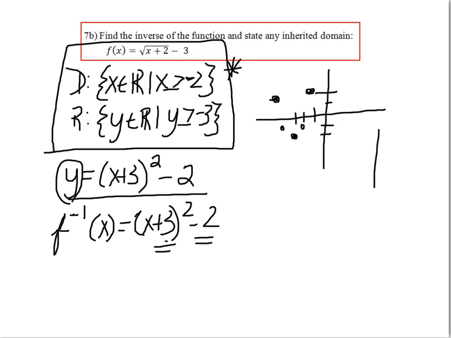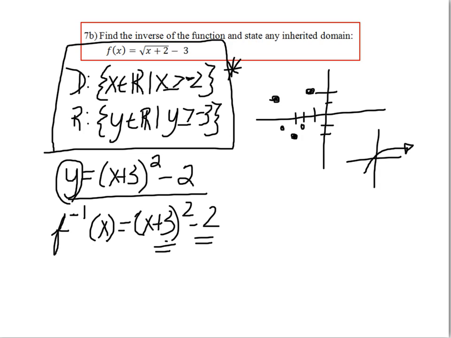But my square root function, when I had graphed it, it looked like this. And it only actually had one side. And so if I look at the definition for an inverse, it states that I have an ordered pair (a, b), and it has to match the inverse's ordered pair (b, a).